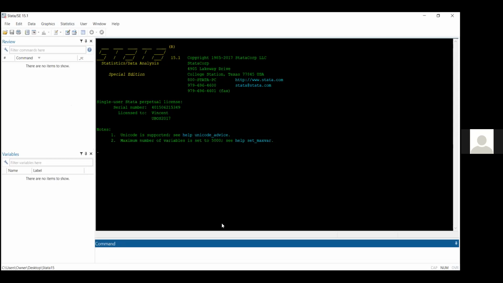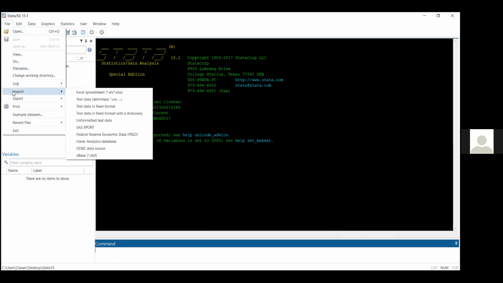So that said, I'll come here, and the first thing is to bring data from where I am, which means you have saved your data somewhere. I'll go to file. We use what we call import. It's just like importing goods into your country.